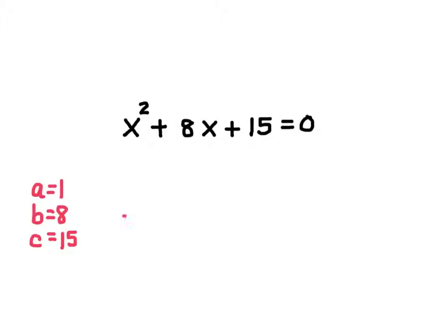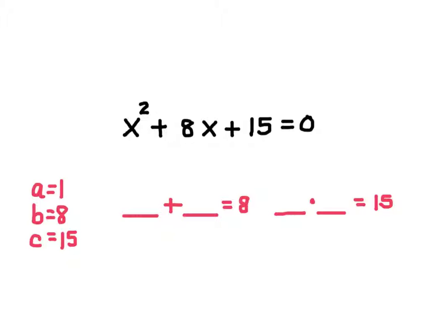What are the two numbers, m and n, such that if you add them together, you get b, which is 8, and if we multiply them by each other, we get c, which is 15?